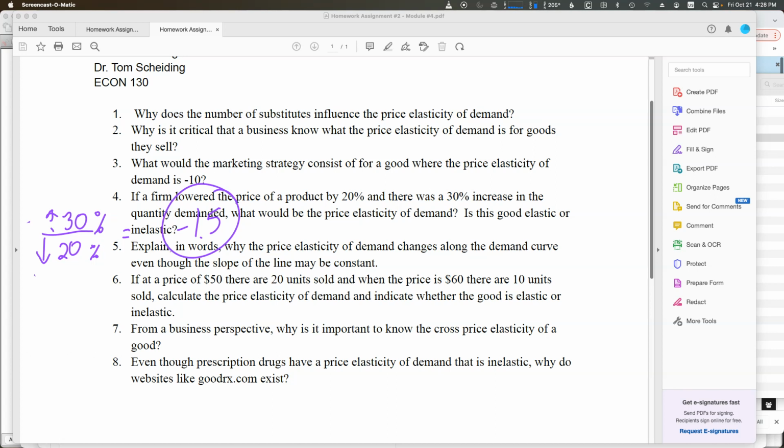Number 6, if at the price of $50 there are 20 units sold, and when the price is $60 there are 10 units sold, calculate the price elasticity. Okay, so for this we're going to need to calculate the percentage changes. So I'm going from 50 to 60. To go from 50 to 60, that's a 20% change in the price.